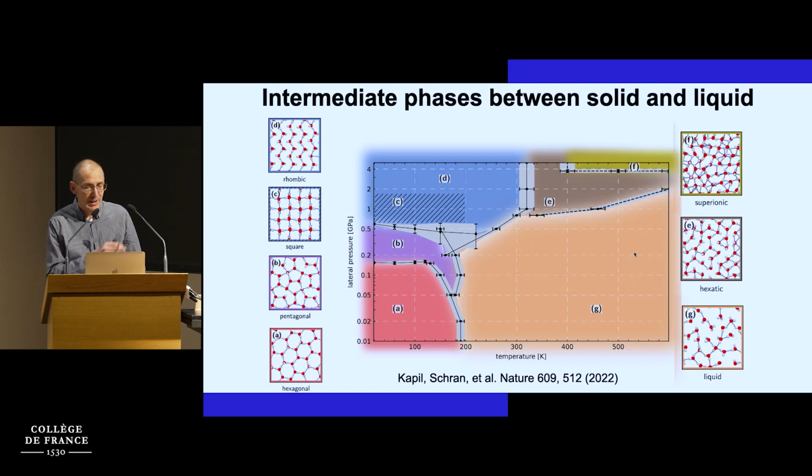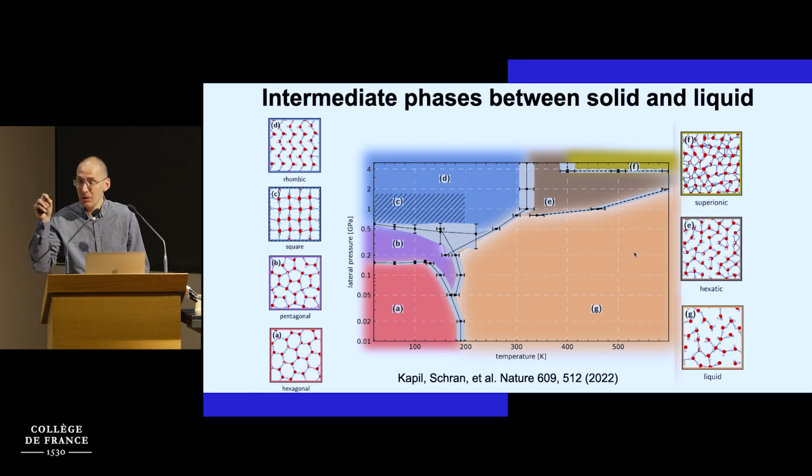If we then look at the rest of the phase diagram, I think it starts to get even more interesting. In particular, we have two phases up in this top right hand region. So the brown phase corresponds to something that's a hexatic-like phase, and I will explain what that is in a moment.